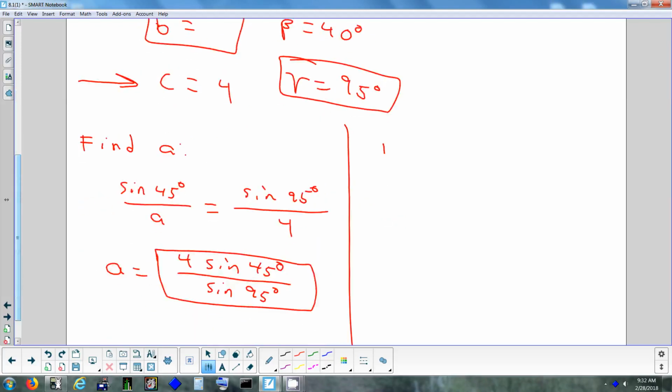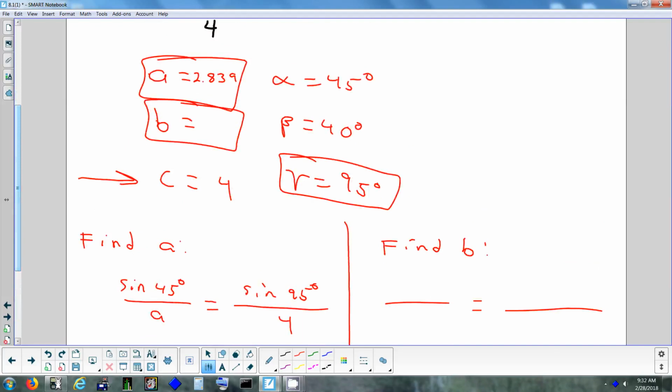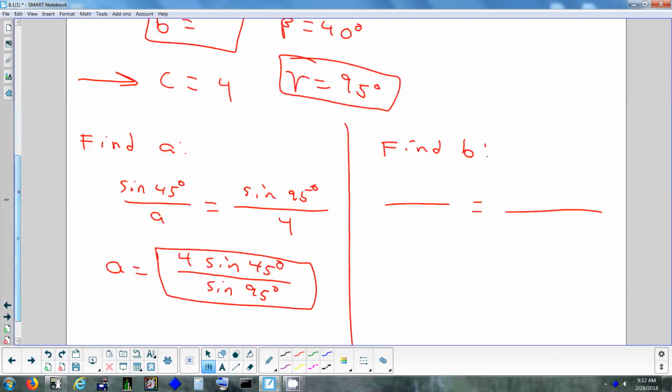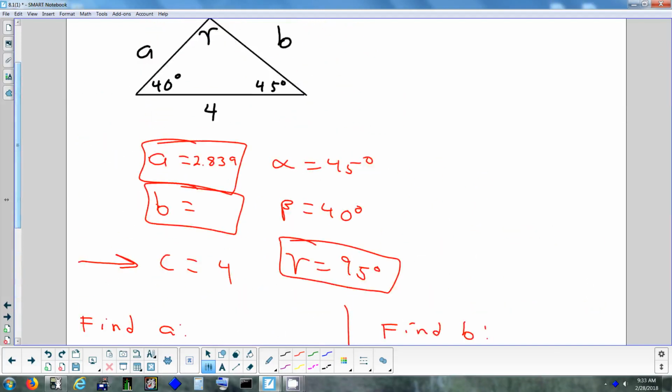Okay, let's find B. You can start with either the part that you don't know or the part you do know. It doesn't matter. So we'll do sine 40 over B. And the right-hand side is exactly the same as what we just did. Stick with the row that wasn't given, but at least the numbers are nice. Don't use a decimal in the calculation.